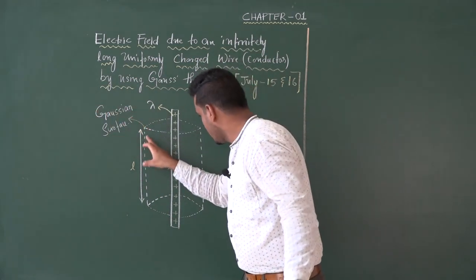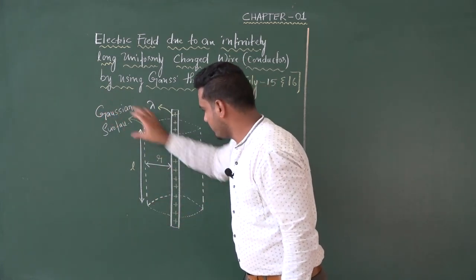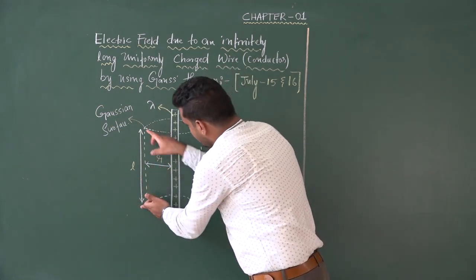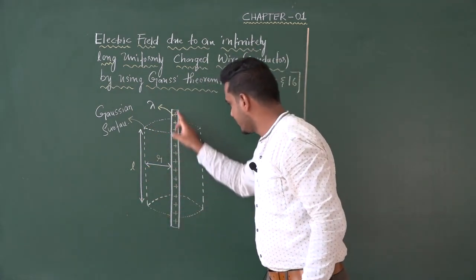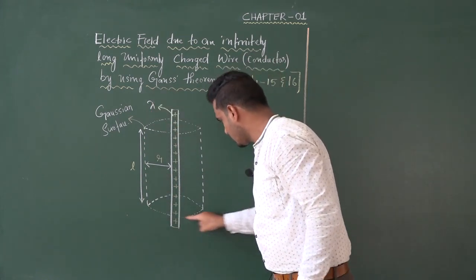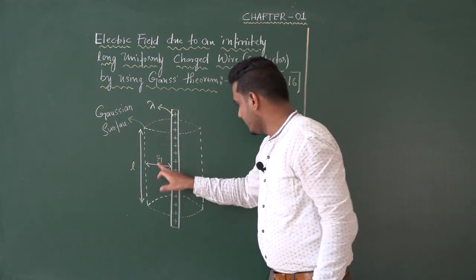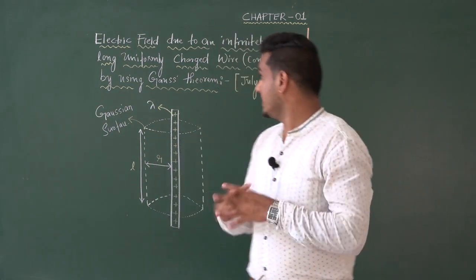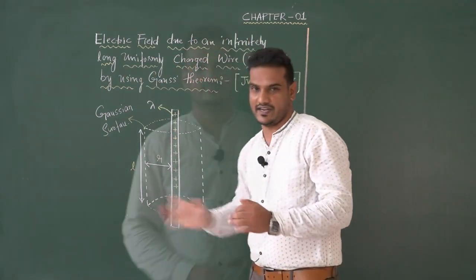So whatever the dotted line I consider here represents the cylindrical Gaussian surface, and the radius of the Gaussian surface is R and length of the Gaussian surface is L. So this is a wire or a conductor having linear charge density lambda, and this dotted cylindrical surface indicates the Gaussian surface of radius R and length L. By using this, we need to calculate electric field due to an infinitely long uniformly charged wire or a conductor.